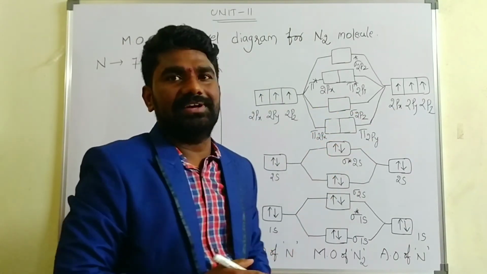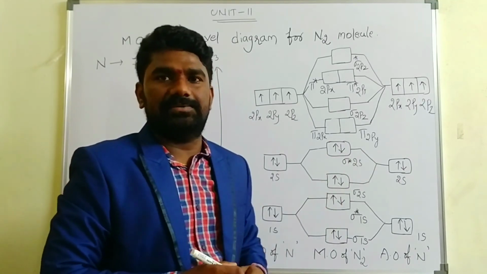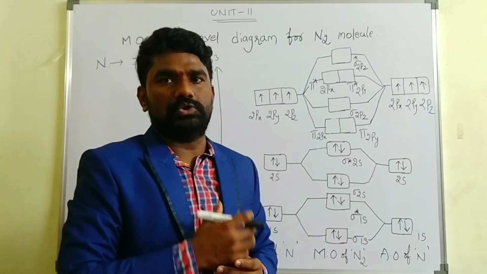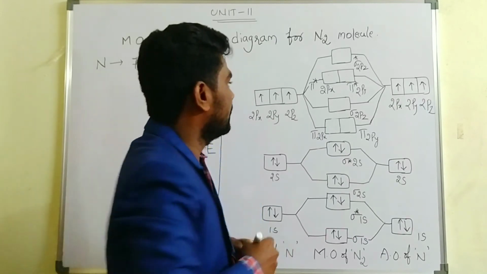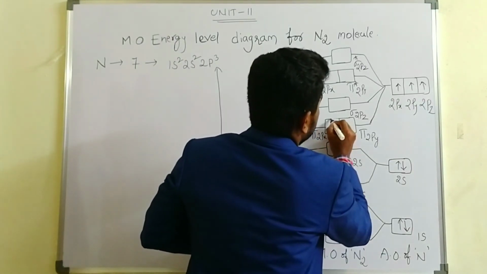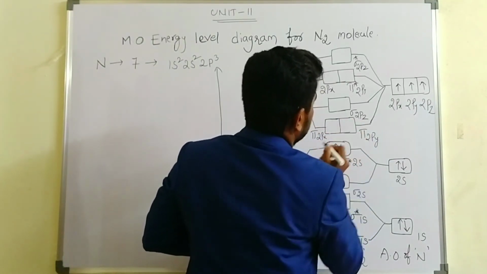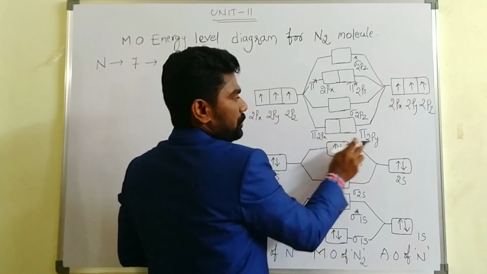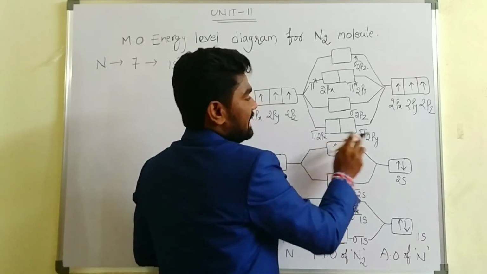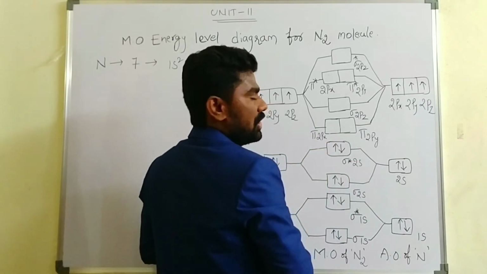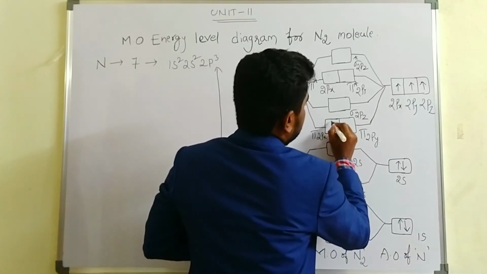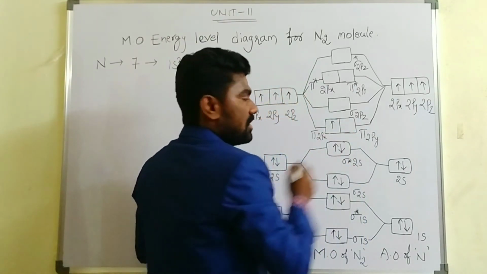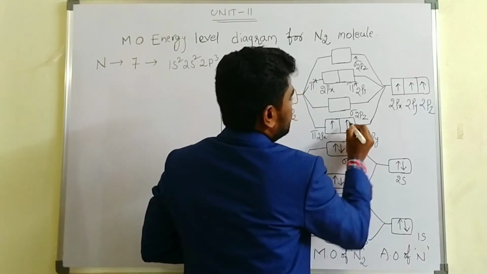these molecular orbitals as per energy sequence order and based on the rules, isn't it? 3 rules, isn't it? For that, first from these 6 electrons we are going to fill 4 electrons in the pi 2px and pi 2py bonding molecular orbitals. Like first it goes to this orbital, then it goes to this orbital.